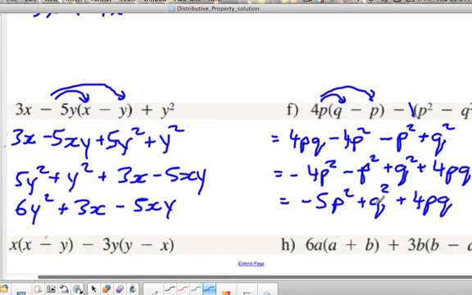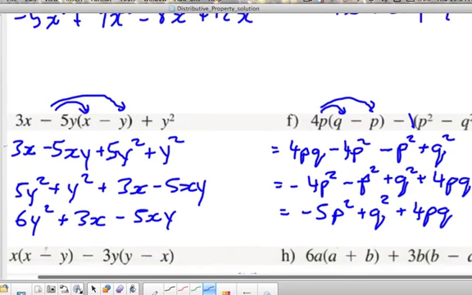And it really doesn't matter what order you put them in, but make sure that your coefficient on the p squared term is negative 5. Your coefficient on the q squared term is 1, and the coefficient on the pq term is positive 4.